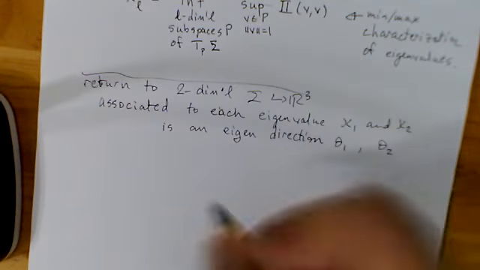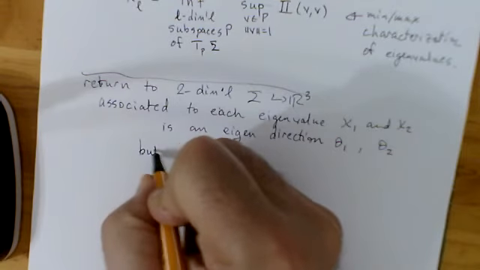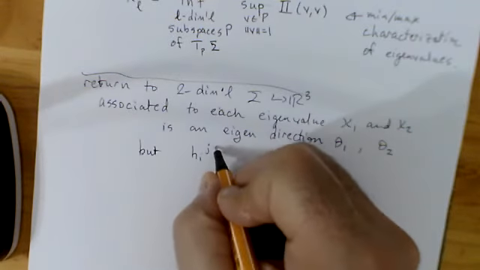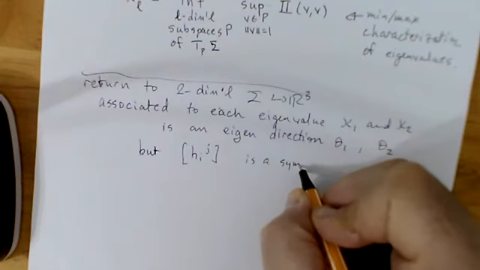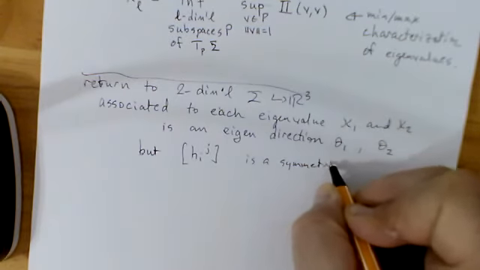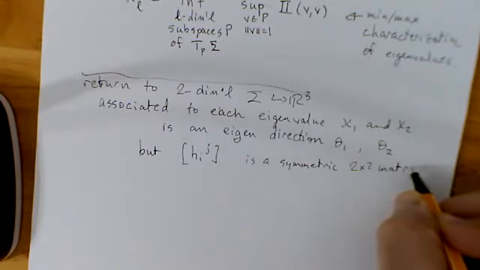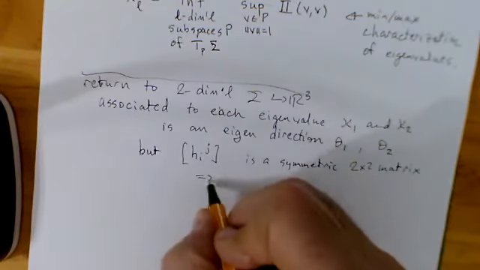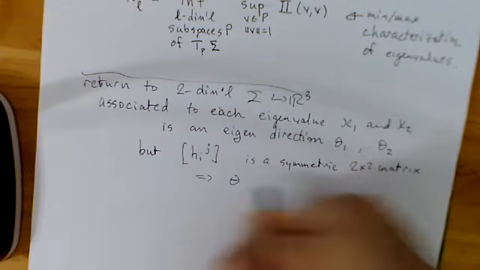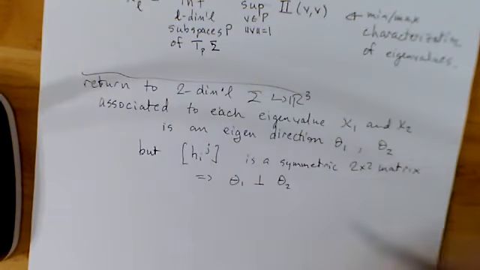Now, what do I know? I know that my matrix is symmetric. So these directions are actually orthogonal.